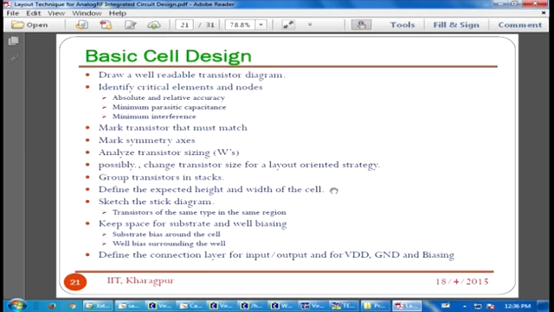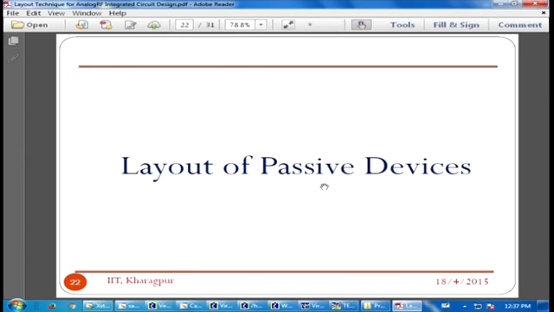Suppose one current mirror is there, you have to identify which part should be matched. Then mark symmetry axes. For differential circuits, you have to make some arrangement for symmetry. Then change transistor size for a layout-oriented strategy. These are the main points you have to follow. You can go through this.